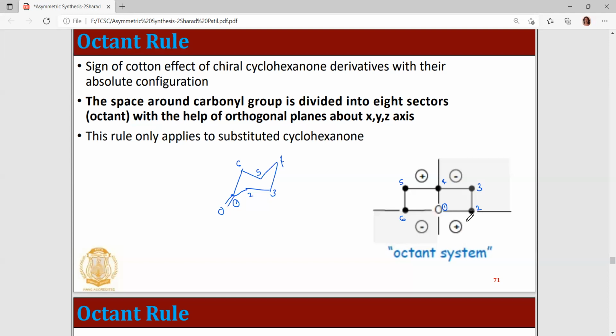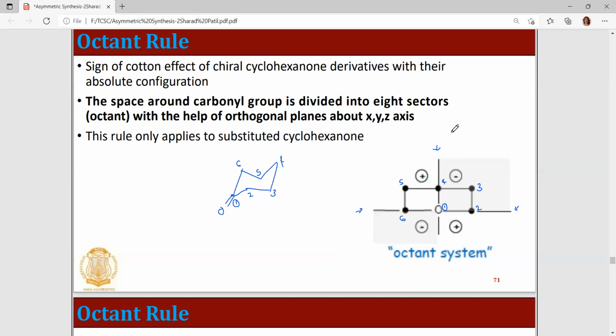Based on this octant system, this is one type, two type, three type, four type, like this. It has 8 sectors, and these are the three axes: this is 1, this is 2, and this is 3.